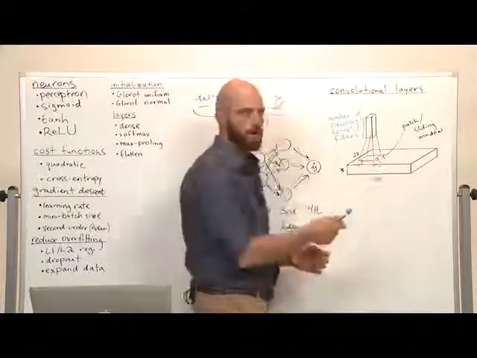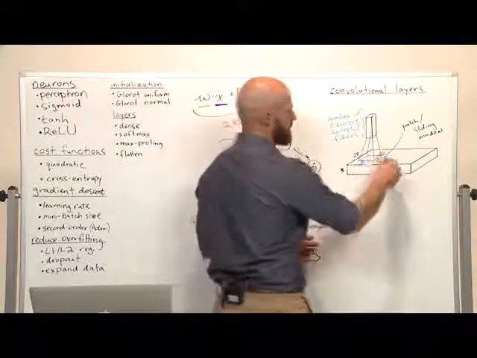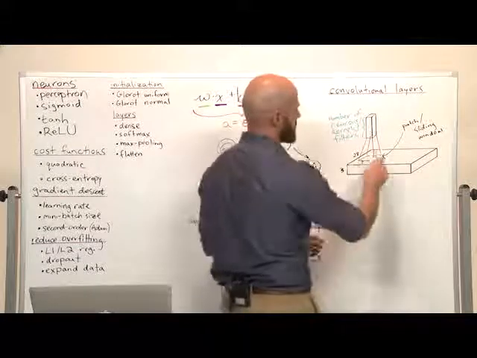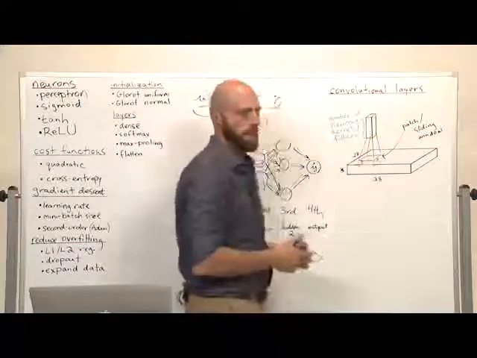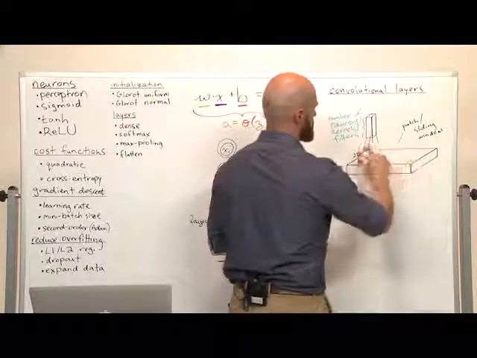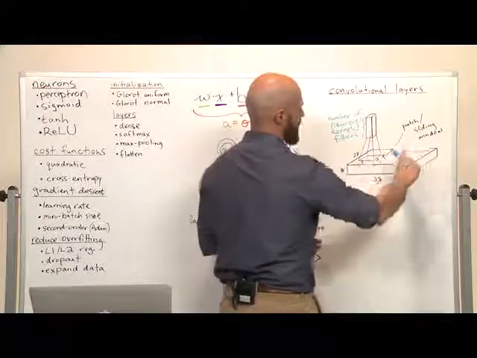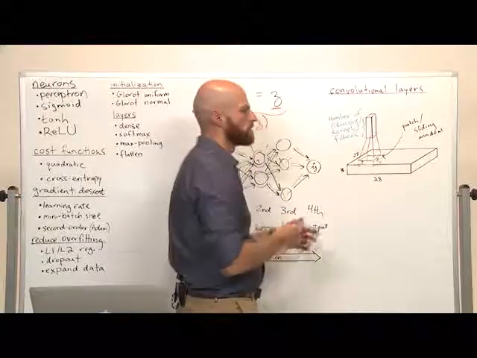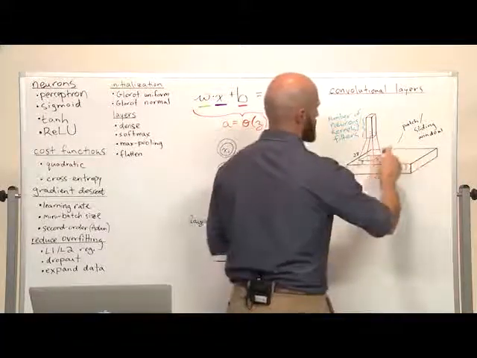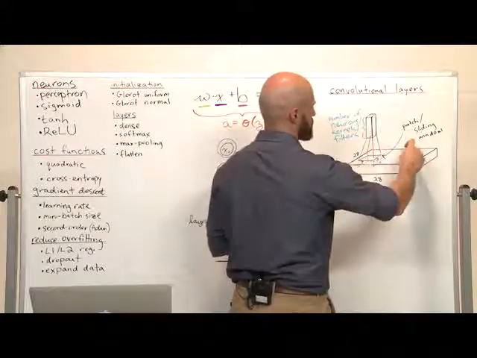I've decided here that it has a 3 pixel by 3 pixel height and width. It always has the depth 3 as well. And it passes at some stride length, and we could have a stride length of 2 or 3, and that means that we pass at even increments across the image.